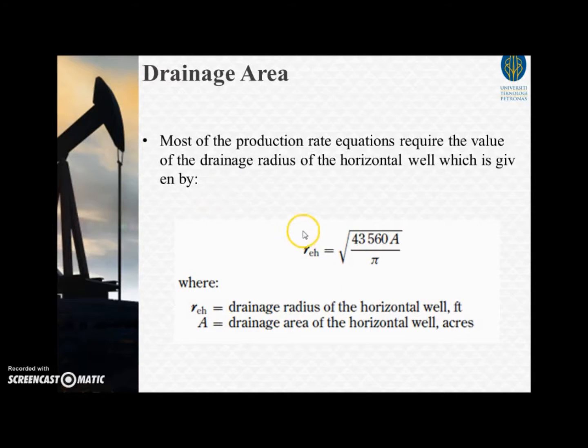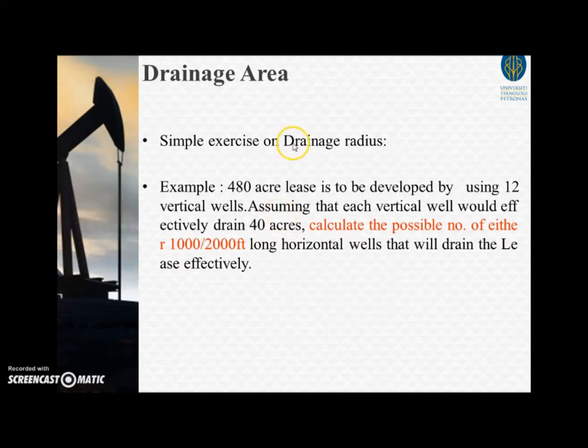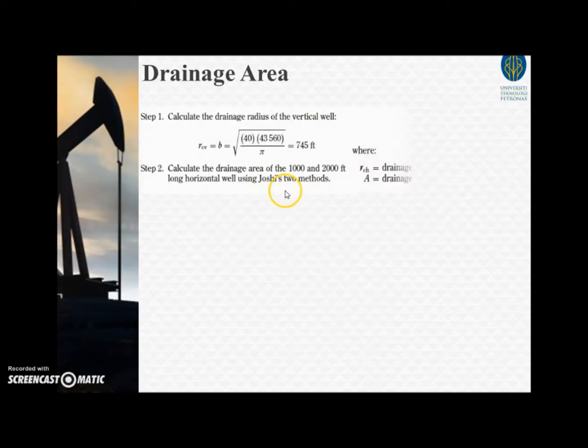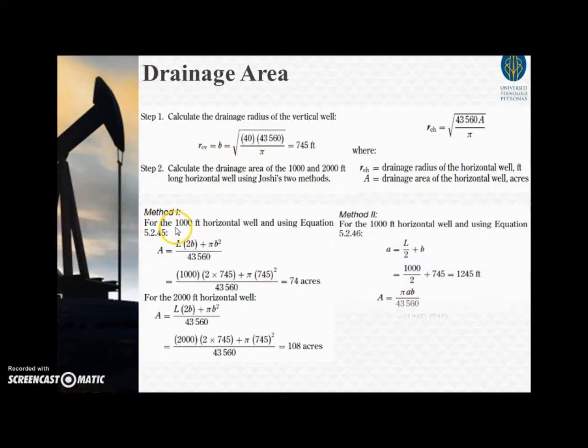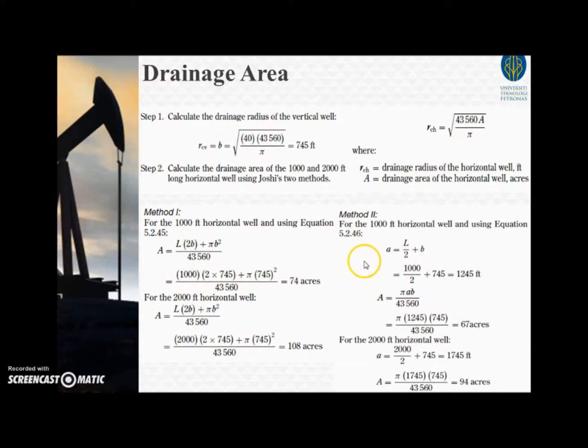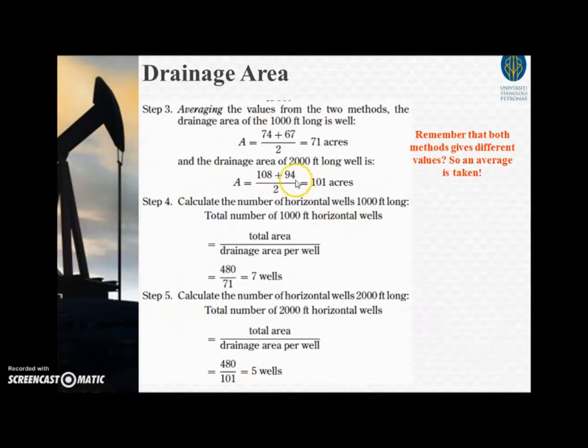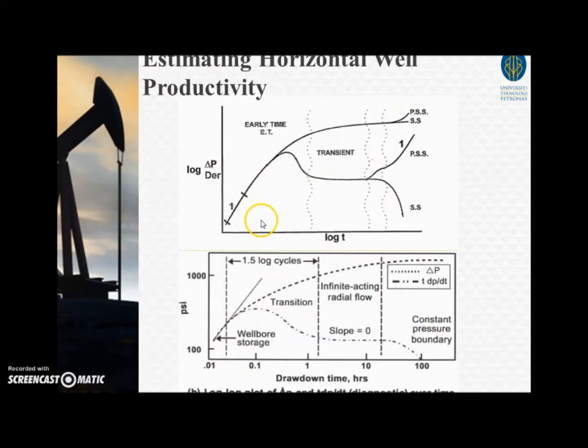We need to note this formula to calculate the drainage radius, where we will use that formula to get b. So we calculate for both wells. We need to take the average because both methods give different values. After getting the average, we find the number of wells.